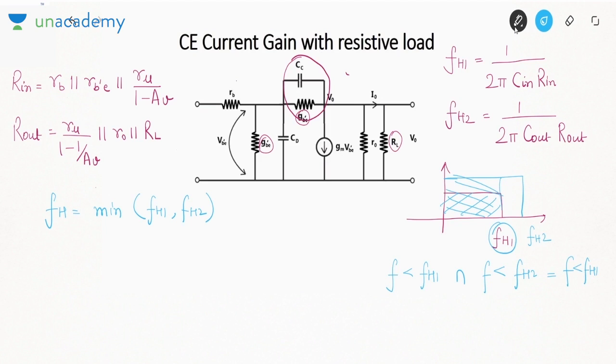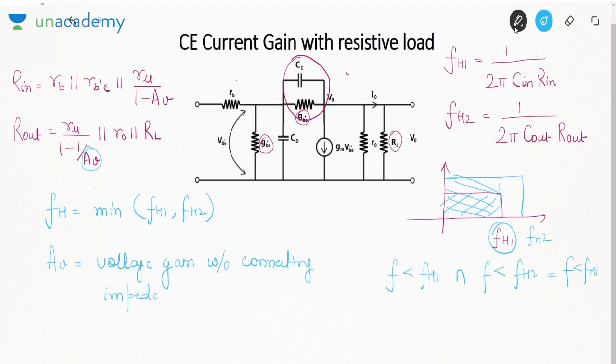Now one thing that we have to understand here is, what is this AV? What is this AV in case of the amplifier? AV is the voltage gain without connecting the impedance between input and output. That means if you remove this impedance, that is, if you remove this R and C, the voltage gain is AV.